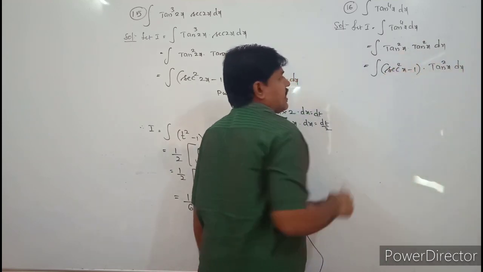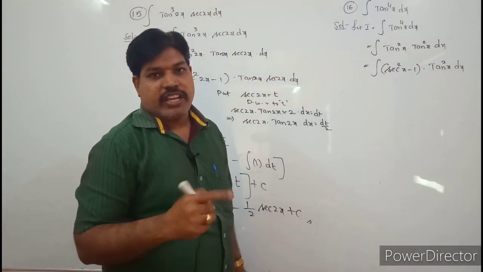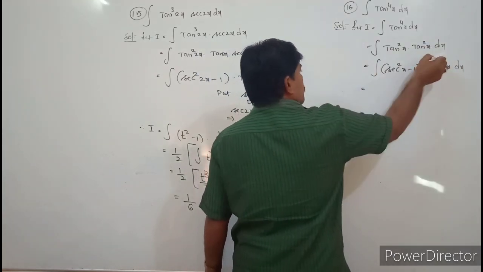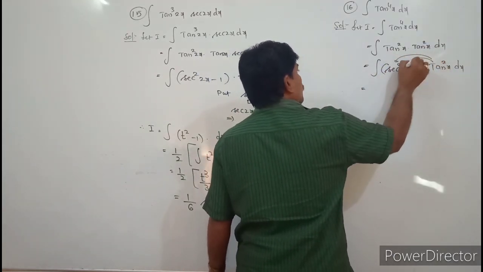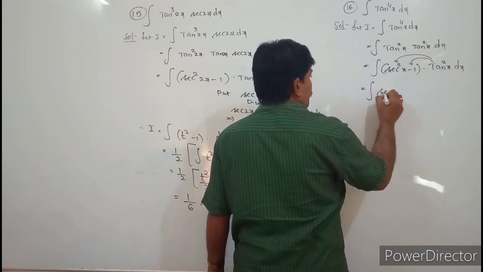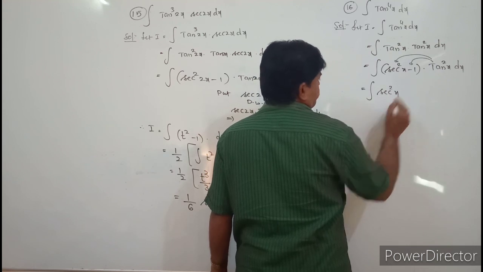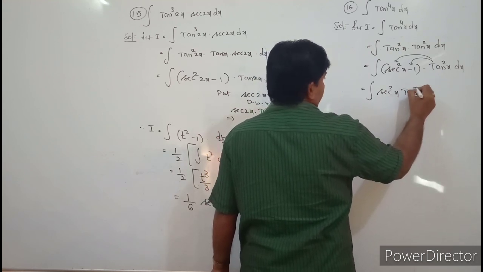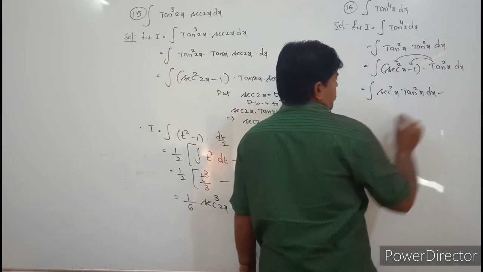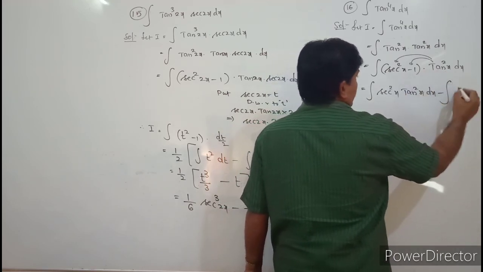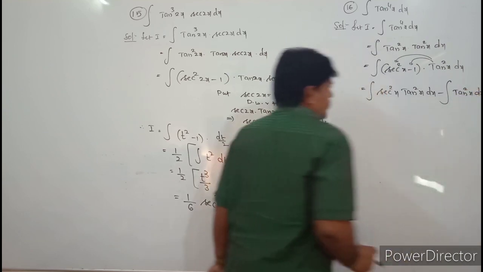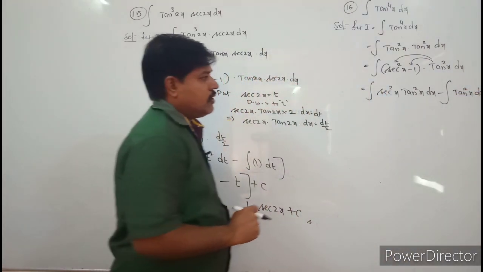So multiply that. Here what we will get is integral of secant square x into tan square x into dx minus integral of 1 into tan square x into dx.